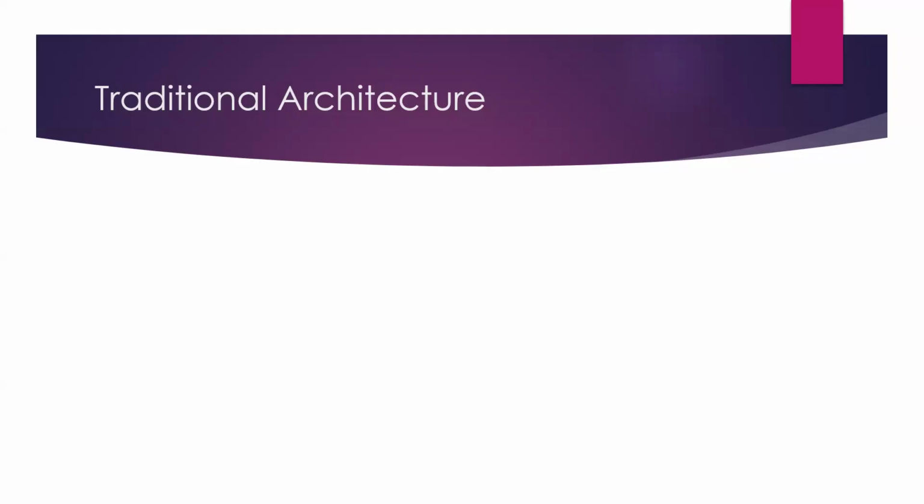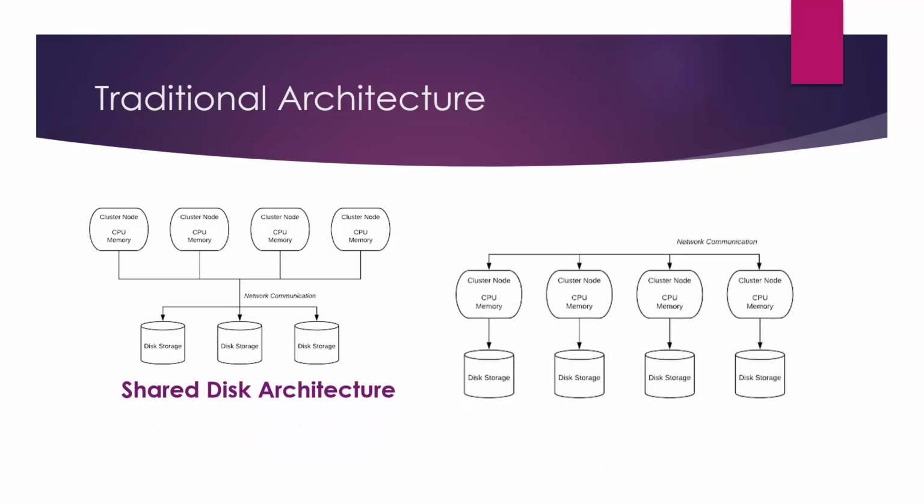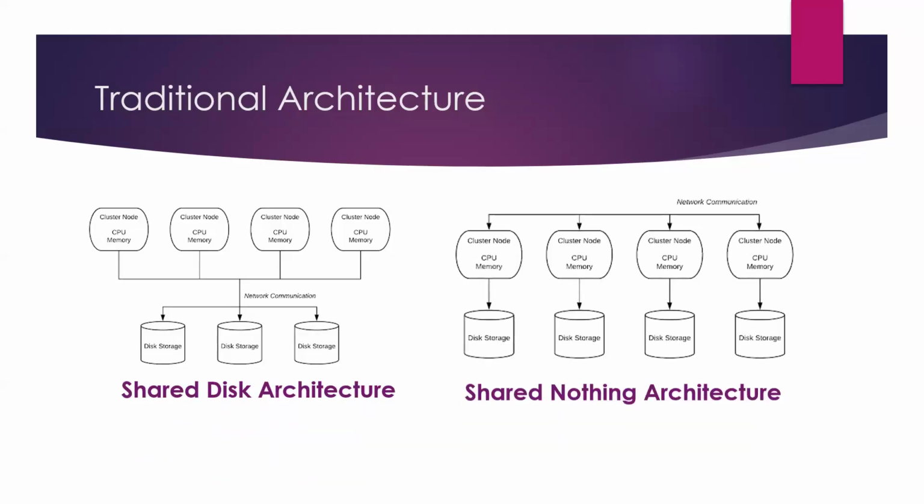These things we'll discuss. In traditional databases, there are multiple architectures available. Out of all, two are the main architectures. One is shared disk architecture. Another one is shared nothing architecture.